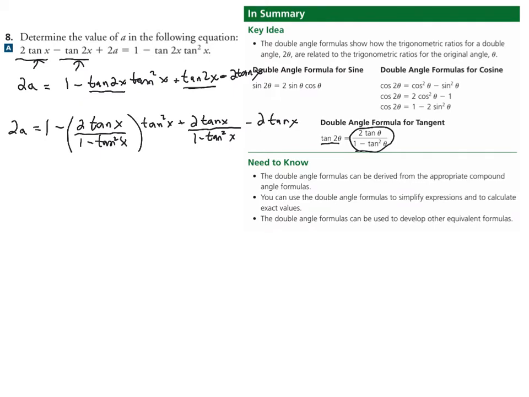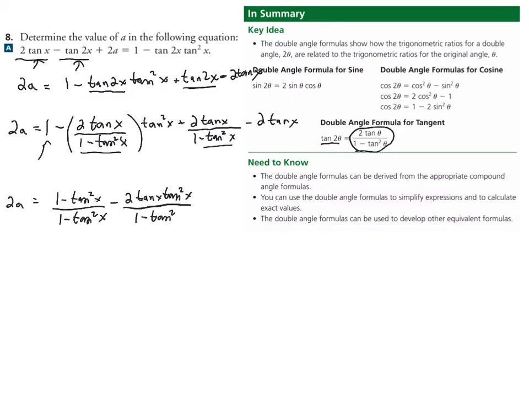All right, looks like we're going to want a common denominator of 1 minus tan squared x. So we have 2a equals 1 minus tan squared x over 1 minus tan squared x, that's for the 1.